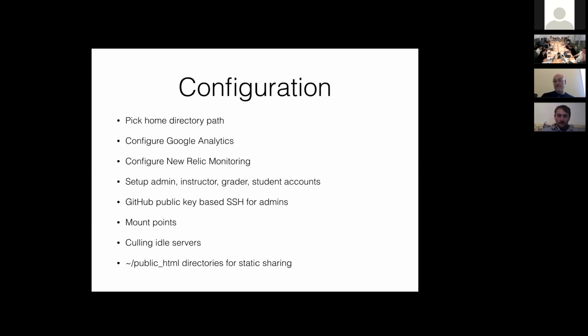You can list a set of users that want to have public key-based SSH access to the server for admin usage. You can specify a list of mount points for the servers. You can cull idle servers and configure all of that, and then optionally set up a public HTML directory for all users. So even within the overall constraints, there's still quite a few choices, and we've encoded all of that in this YAML config file.